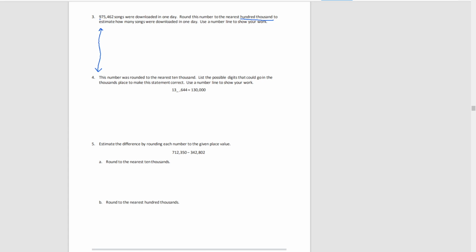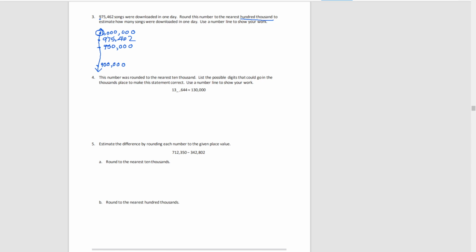So in this number, at the low end, we have 700,000. One more 100,000 would be 800,000. The midpoint would be 750,000. 795,000 would be more than 750,000. So if we round, we'd round to 800,000.